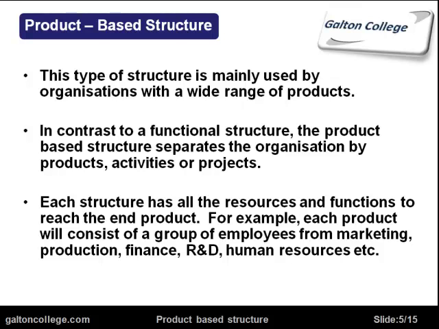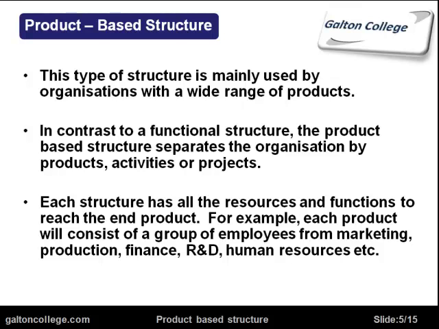Each structure has all the resources and functions to reach the end product. So each part of this structure is self-contained. Each part has got all it needs. Bearing in mind what I just said about sharing some resources if possible, perhaps common stores or common component production might be produced in a common area where it's shared out between the products.